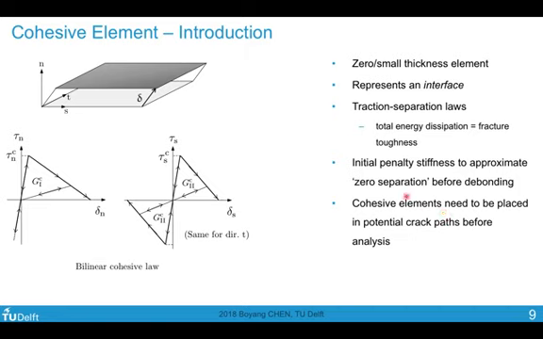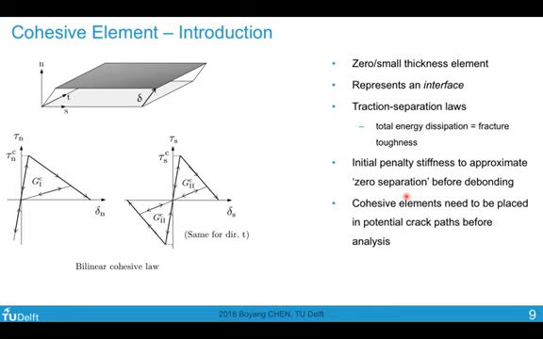Cohesive elements are interface elements, so you can't use them to construct your overall geometry. Their purpose is to simulate debonding or crack propagation. So they need to be inserted in a mesh before analysis most of the time.